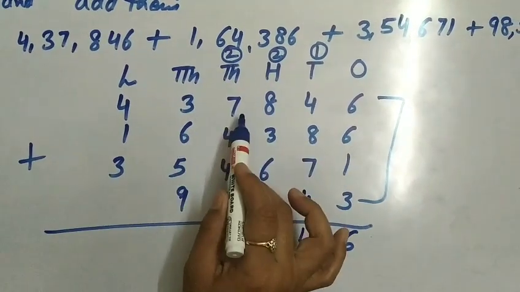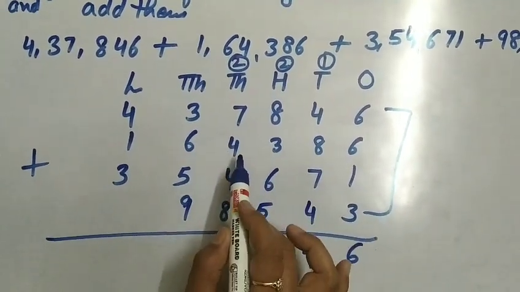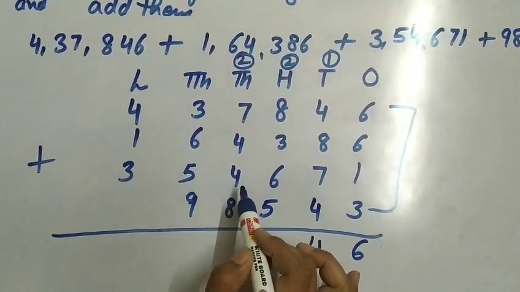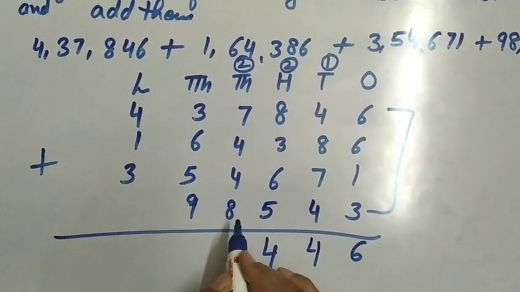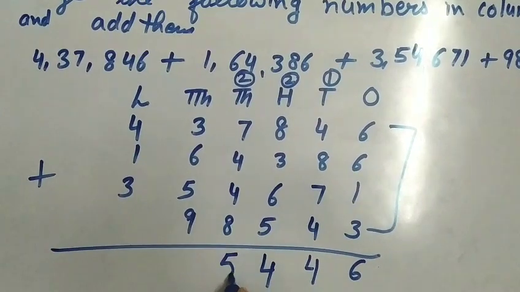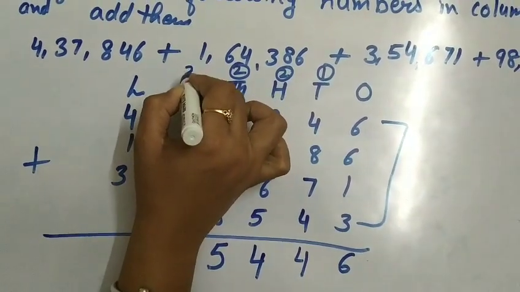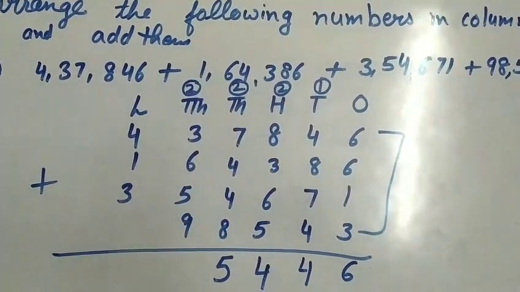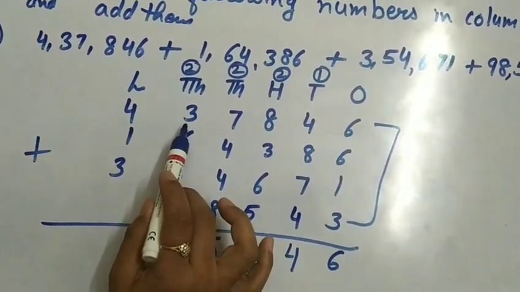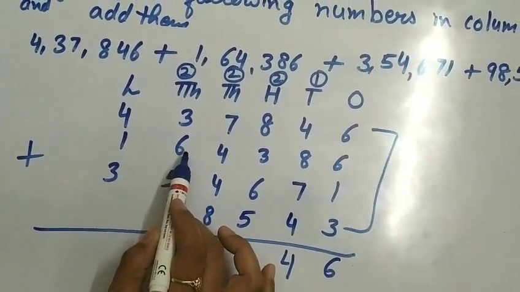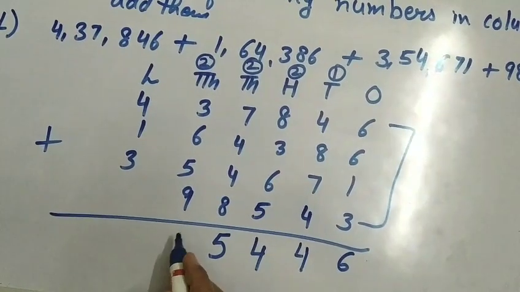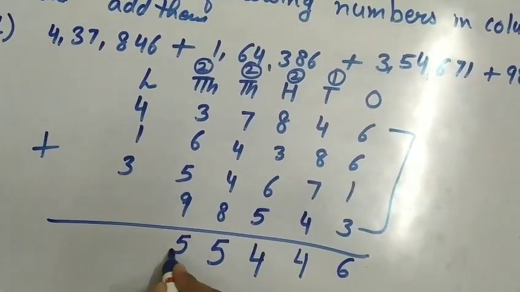Then 2 and 7, 9, 9 and 4, 13, 13 and 4, 17, 17 and 8, 25. We will write here 5, and 2 will be carried over to the 10,000 place. Then 2 and 3, 5, 5 and 6, 11, 11 and 5, 16, 16 and 9, 25.